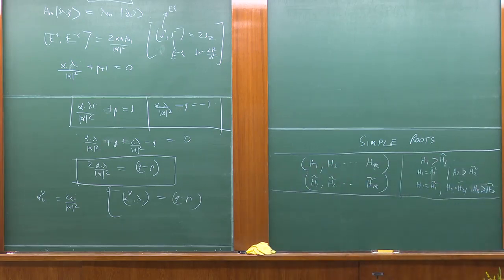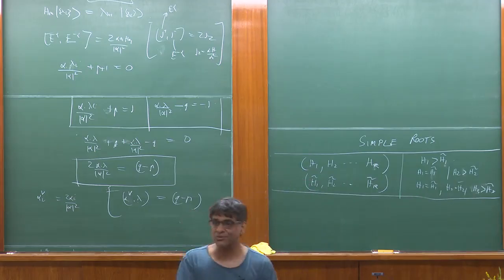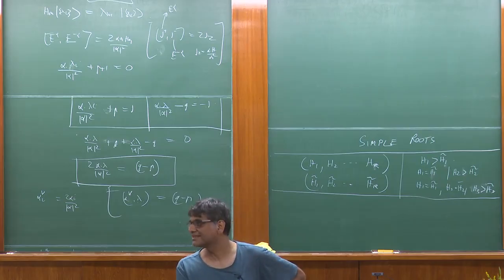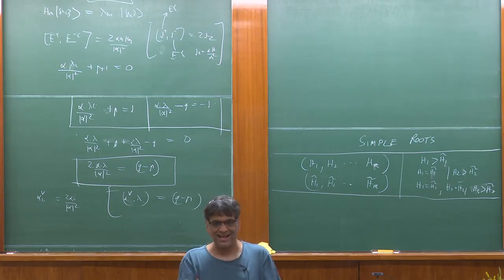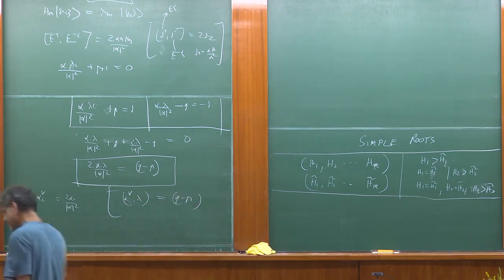Okay? So now with this definition in mind, given any two roots, we can first ask whether a root is positive or not, because is it greater than 0 or not? Second, we can ask, are there some minimal roots?